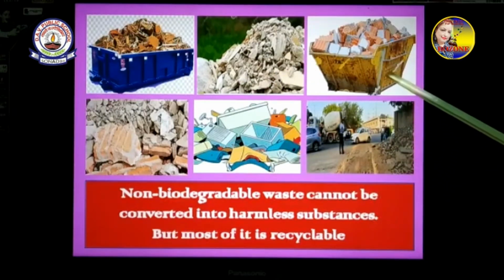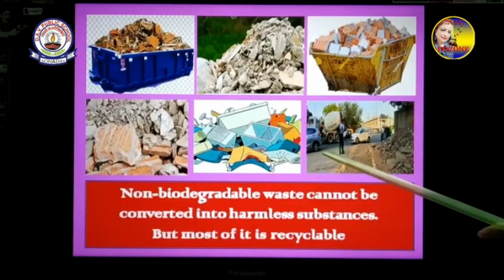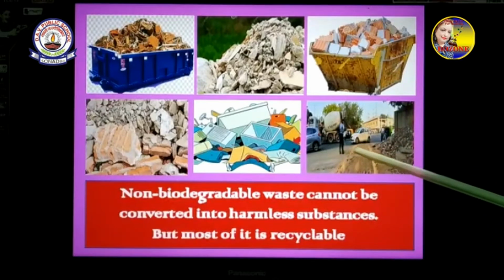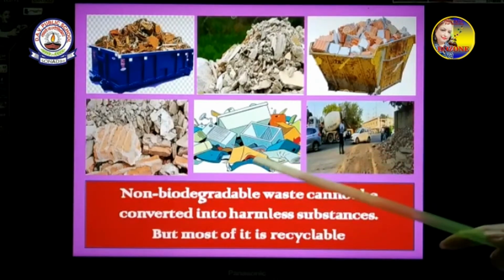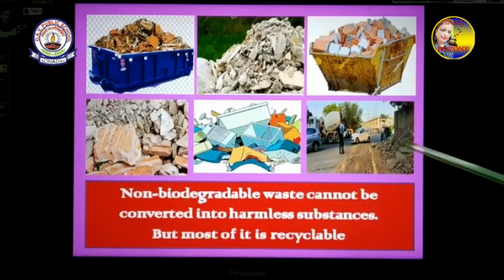Construction material, all the buildings and all, roads, bridges, whichever is being constructed, being made. So all the waste is lying there. That's also a very big problem. How to dump the waste, what to do with the waste. So all these are non-biodegradable waste, and you will see how we are going to dispose of this waste.